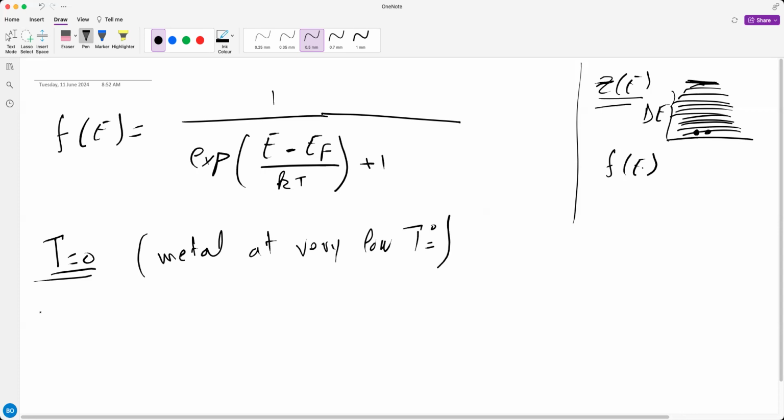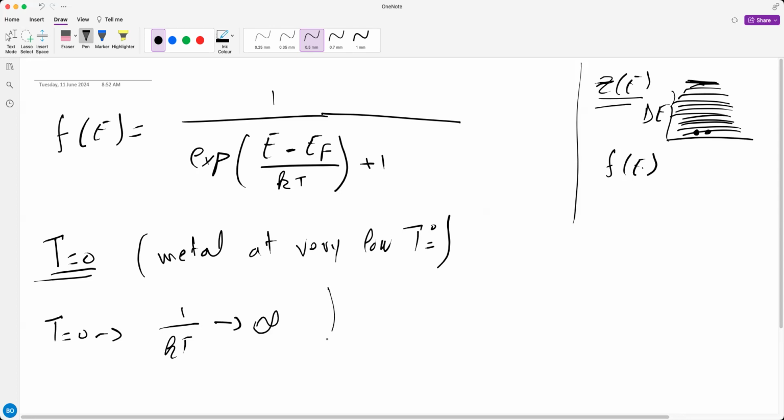We know that when T is equal to 0, well, 1 over kT goes to infinity, right?